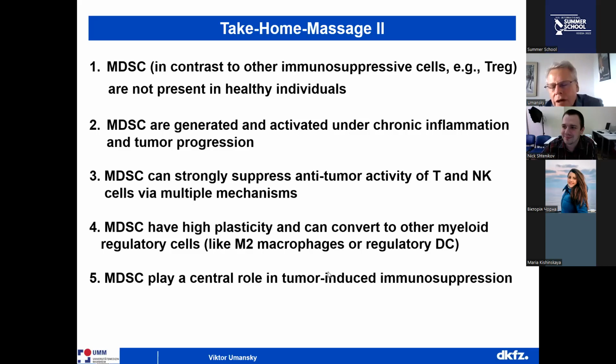Well, I told you about exosomes, and we are now trying to figure out the mechanism: how heat shock proteins are really working on the upregulation of activity of myeloid-derived suppressor cells, or the conversion of normal monocytes into myeloid-derived suppressor cells, and what is important for them.